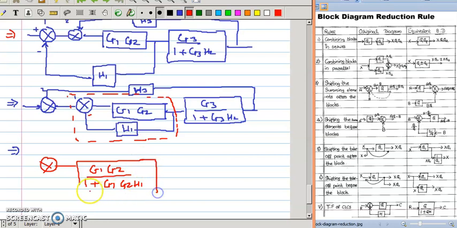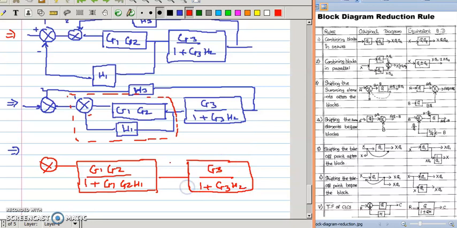So this is the reduced block. Again G3 is as it is divided by 1 plus G3 H2. Again this H3 as it is, and this H3 goes towards the first mixer.